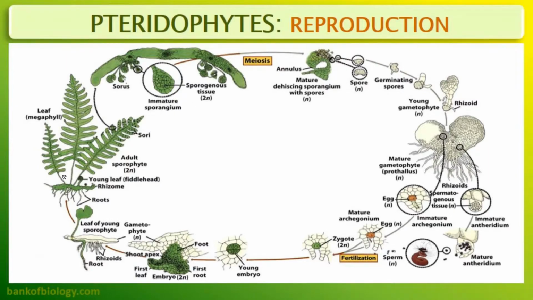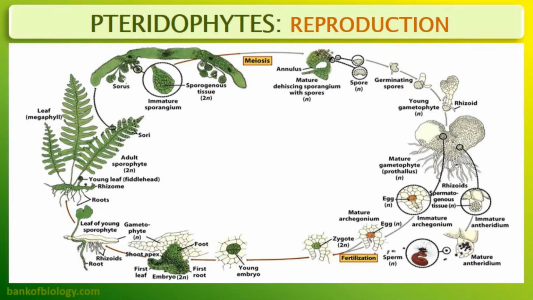In pteridophytes, the dominant phase is the sporophytic generation. The sporophytic generation will have the sporangium in their leaves. This sporangium will divide meiotically to produce the spores. When the sporangium matures, it will dehisce, it will break to release the spores which have n number of chromosomes, and these spores will germinate into the young gametophyte which is called the prothallus, gametophytic prothallus.